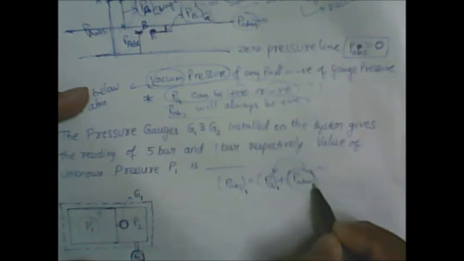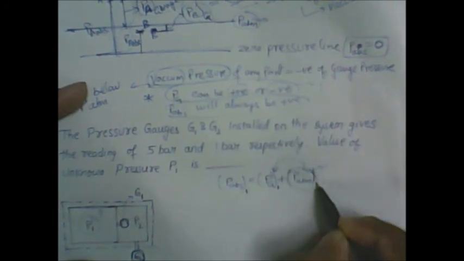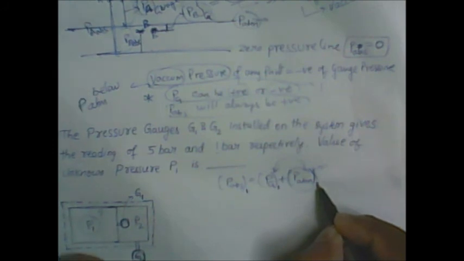So for compartment 1, the absolute pressure of compartment 1 means gauge pressure of compartment 1 plus atmospheric pressure for compartment 1.